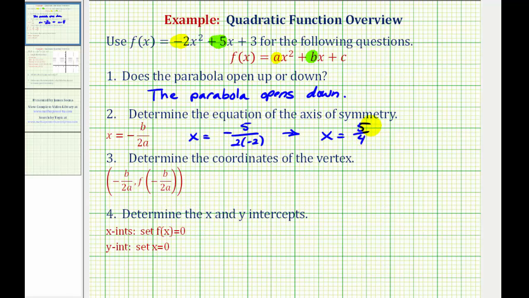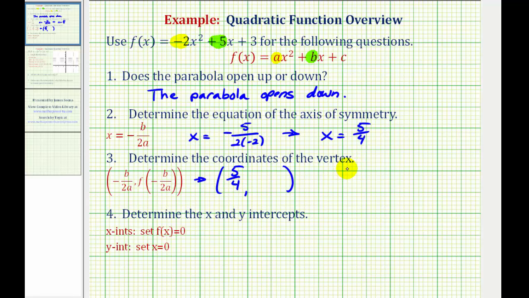Next, we're asked to determine the coordinates of the vertex. Remember, the vertex lies on the axis of symmetry, so the x-coordinate of the vertex will be 5/4. And then to find the y-coordinate, we need to determine f of 5/4, or substitute 5/4 for x into our function.